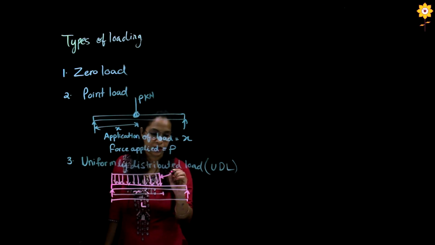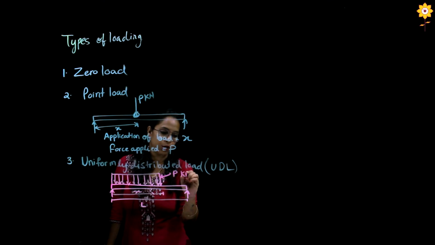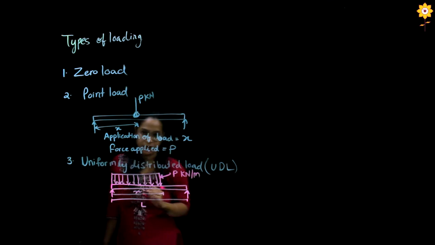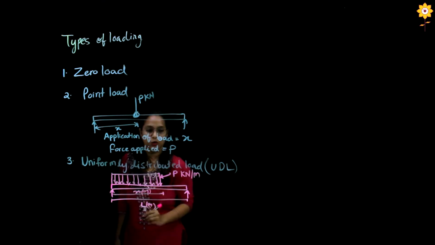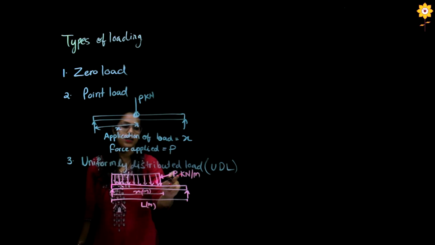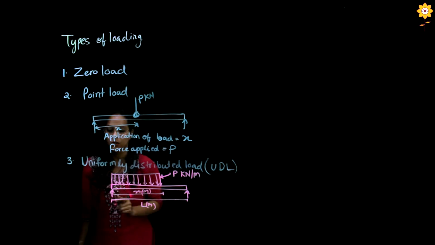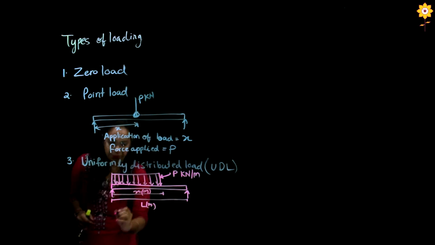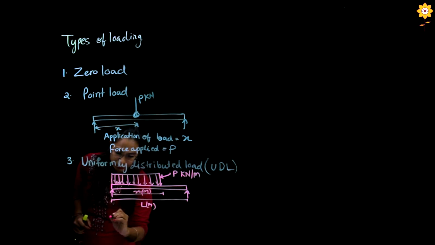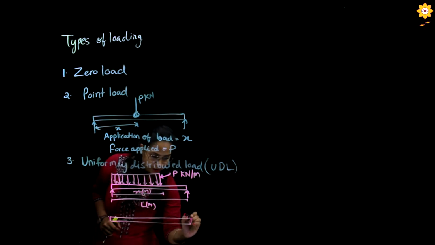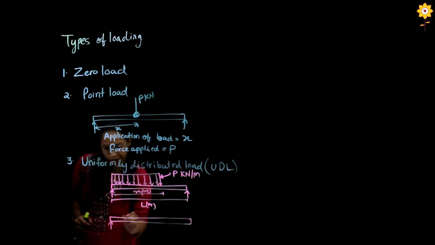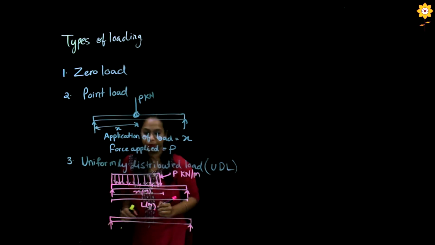So here, if the loading is given as P kilonewton per meter, then this is in meters. We need to first convert this P kilonewton per meter into P kilonewton, so we need to convert this into a point load condition. So how do we do that? Let's say I have the same beam drawn here, supported by simple supports.